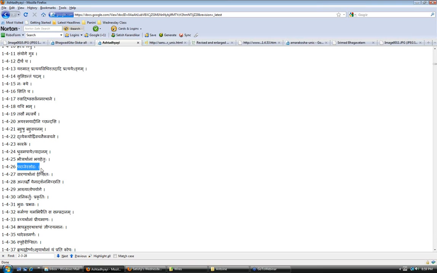Then varanarthanam ipsitah. When you ward somebody off of something that you want to protect, this apadana sanya will also be used. Then antardhau yena darshanam icchati. When you want to hide from somebody, that person from whom you want to hide will also take the apadana sanya.